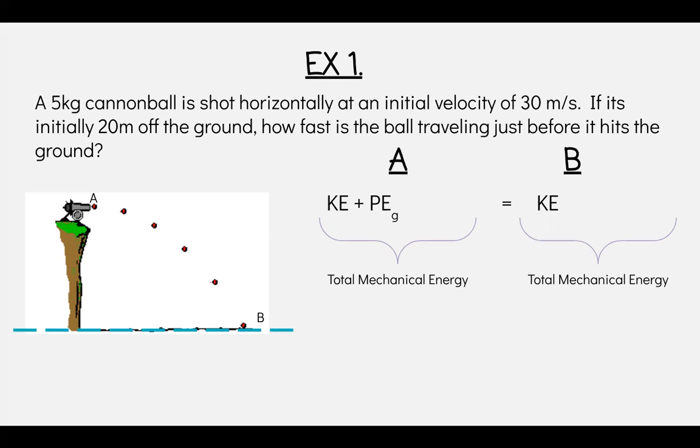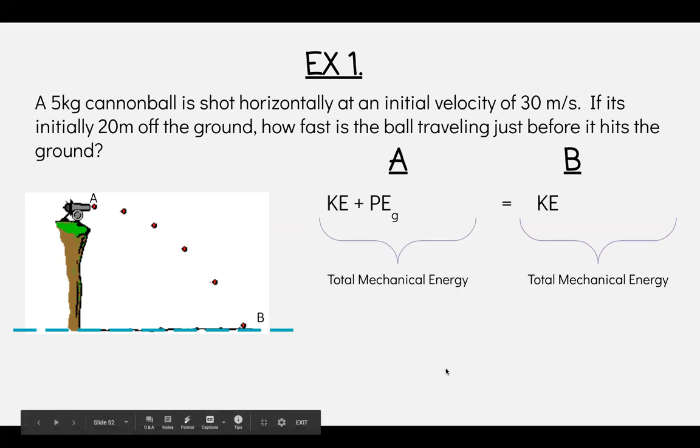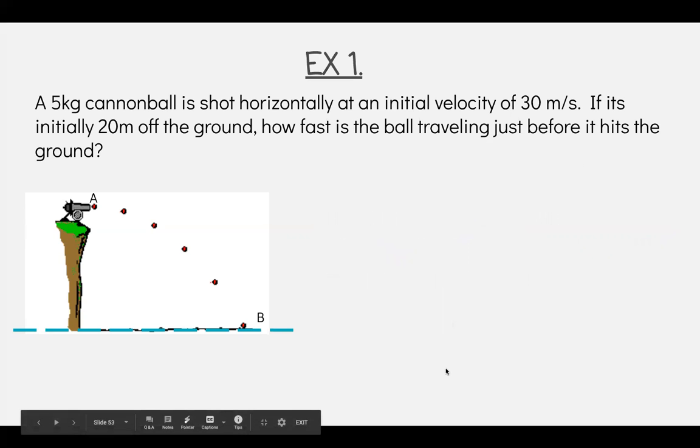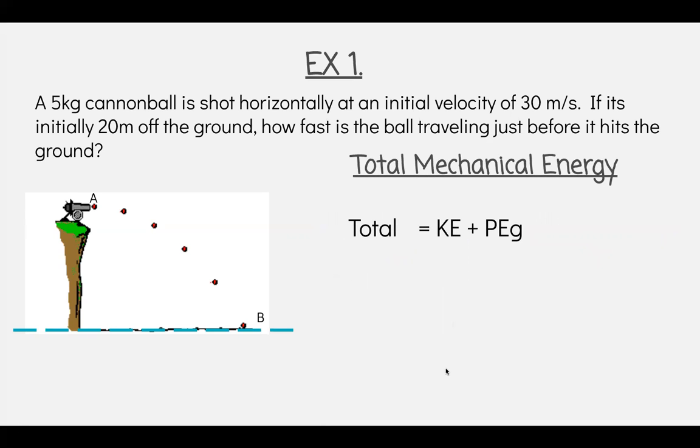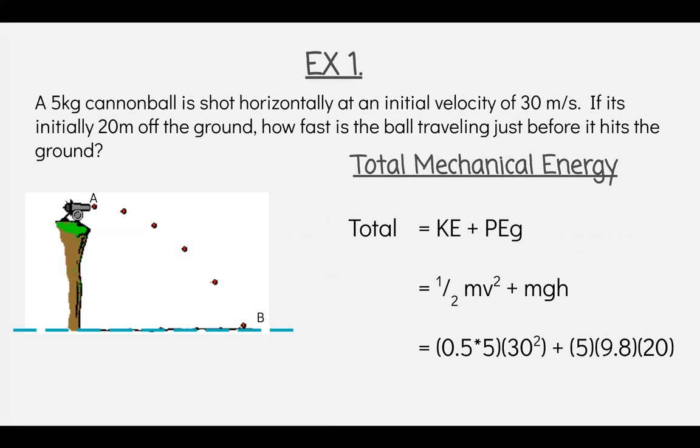But I can totally get the total mechanical energy at A. At A, I know the mass and the velocity and the height. I can do that. So step two, calculate the total mechanical energy. The total mechanical energy stays the same no matter what point it is in the system. So if I can find it at A, I know it at B too. At A, it's going 30 meters per second and it's 20 meters above the ground.